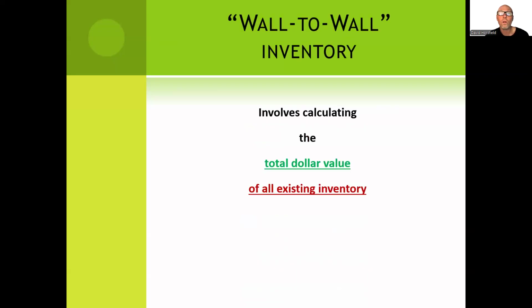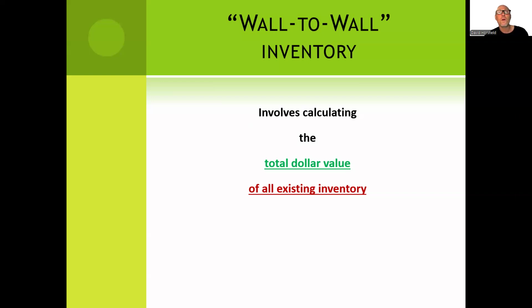So this wall-to-wall inventory calculates the total dollar value of all our existing inventory. So imagine a software system or a spreadsheet. A simple spreadsheet could work for a small business, and an inventory management system for a bigger business.